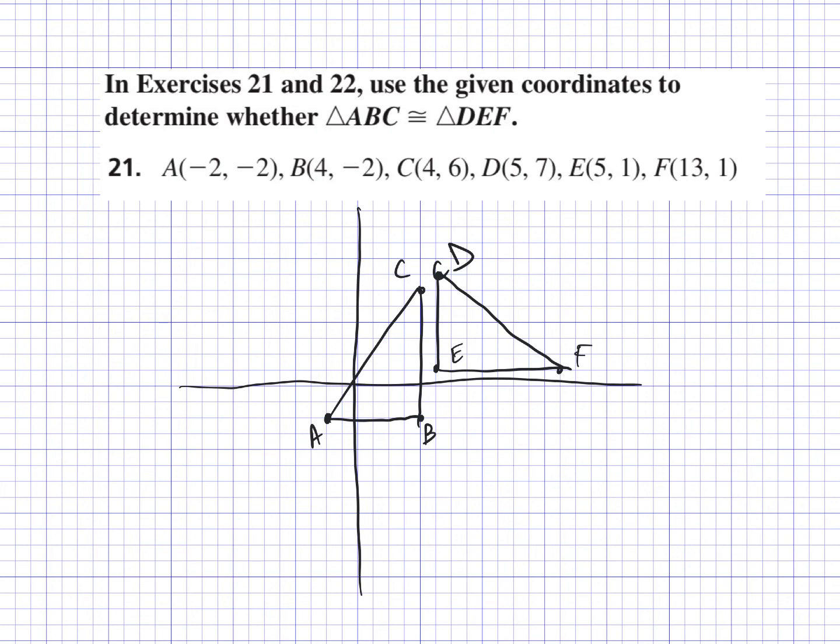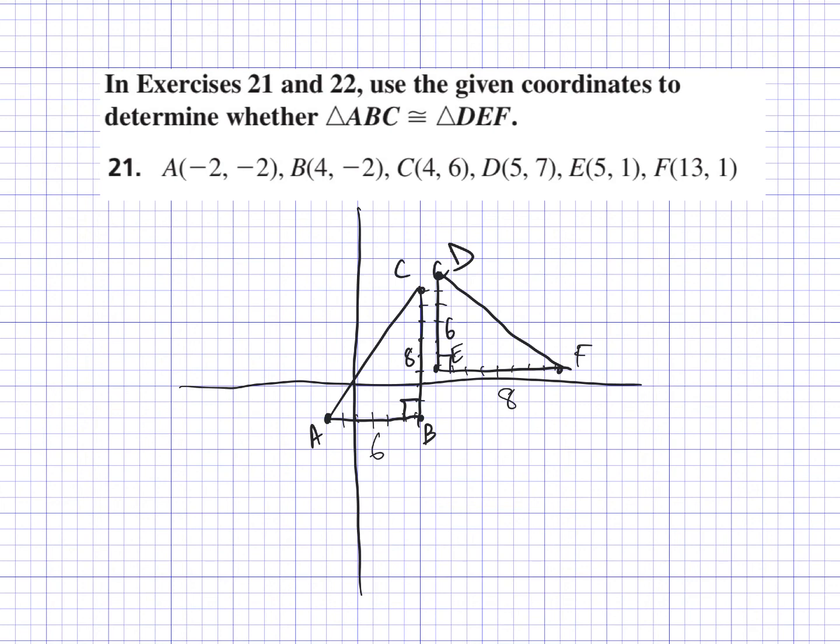Are they congruent? Well, we can count A to B, 1, 2, 3, 4, 5, 6, and B to C, 1, 2, 3, 4, 5, 6, 7, 8, D to E, 1, 2, 3, 4, 5, 6, and E to F, 1, 2, 3, 4, 5, 6, 7, 8. All right, and this is a right triangle.